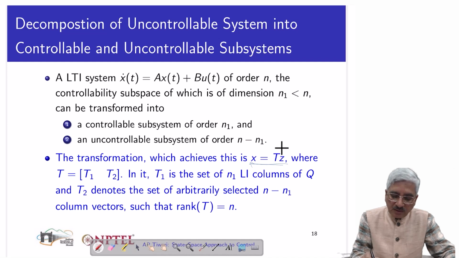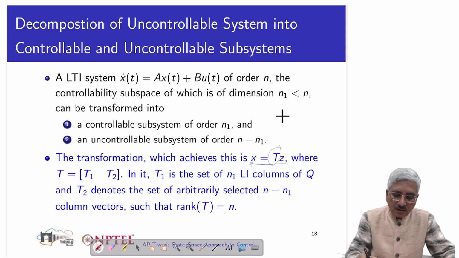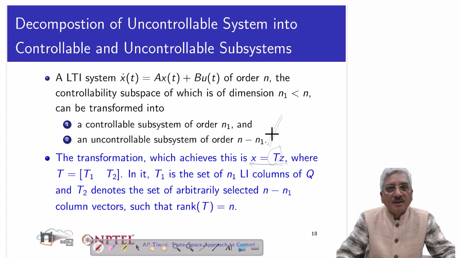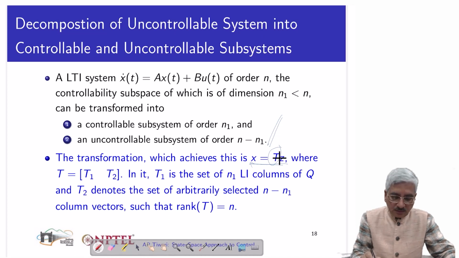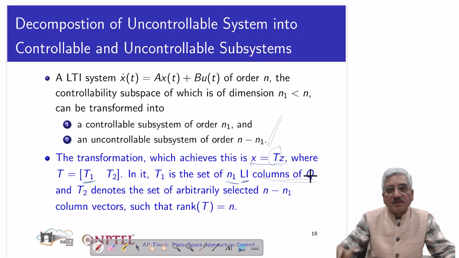So we have to find a transformation T which will do this decomposition into a controllable subsystem and an uncontrollable subsystem. So this T is made like this. The T1 part is the n1 linearly independent columns of the Q matrix.